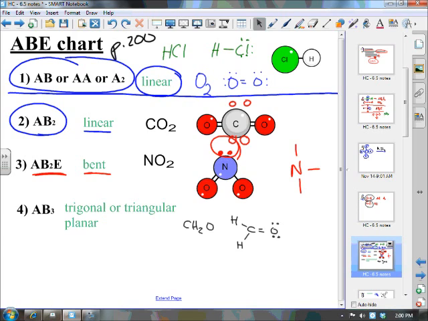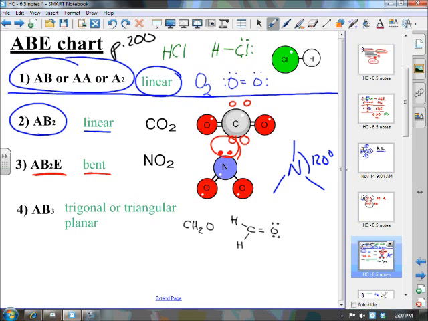Well, we don't expect to see this. The reason we don't expect to see this, here's our little geometry lesson: 90 degrees, 90 degrees, 180. It doesn't want to do that. So what does it do instead? That pair of electrons takes up space. So if we have three things, they're all going to be 120 degrees apart.